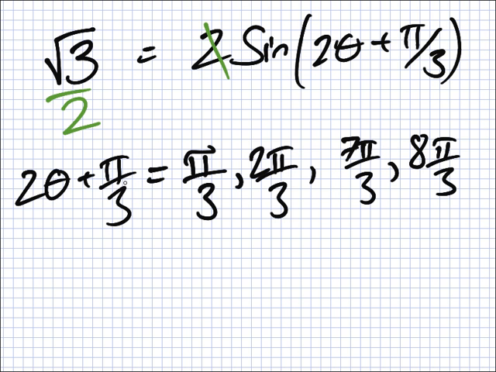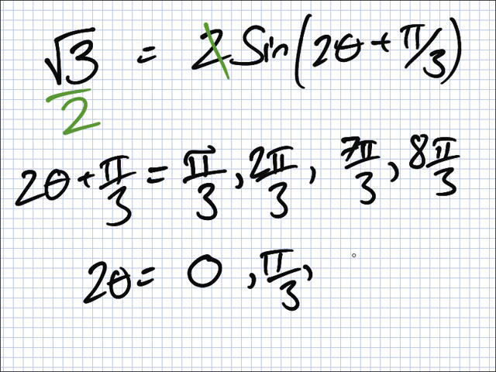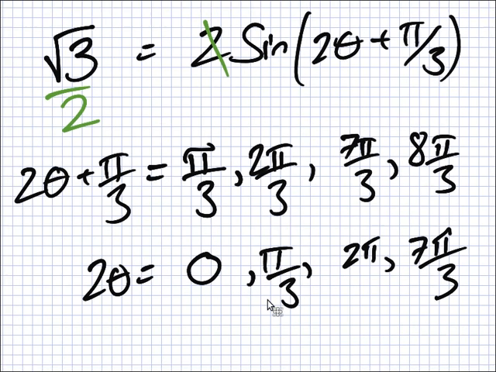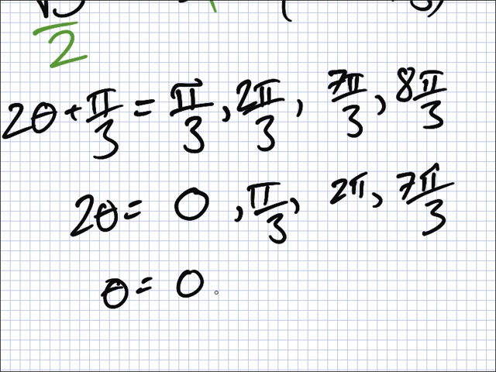Right, now I need to minus pi over 3, isn't it? So that's 0. Pi over 3, 2 pi over 3 minus pi over 3 is pi over 3, then 2 pi, and 7 pi over 3. Now I will divide by 2: 0, pi over 6, pi, 7 pi over 6.